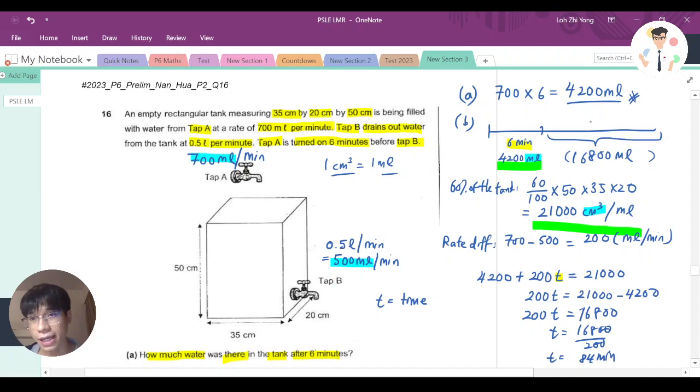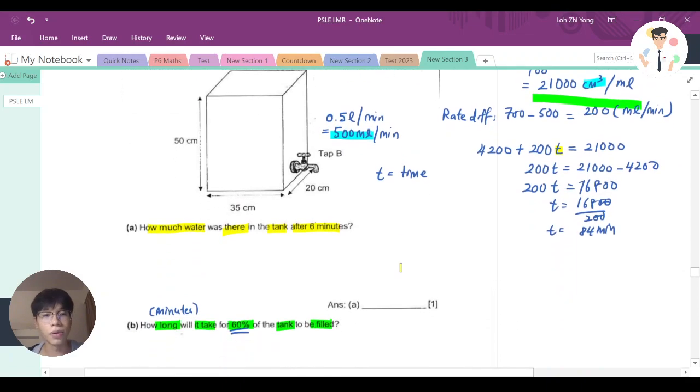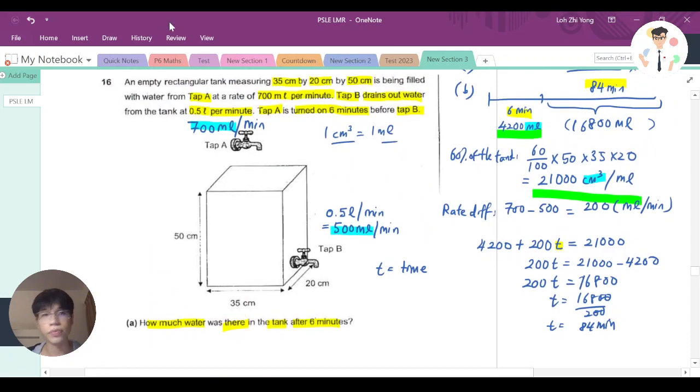It means that I need 84 minutes for the water to flow in after that 6 minutes. And of course, the question now is asking for what? How long will it take to be filled 60%? So look at here. I have 84 minutes needed here. I have 6 minutes needed here.